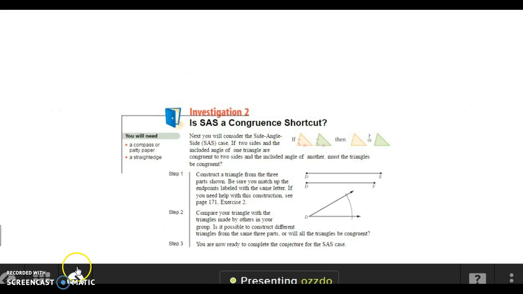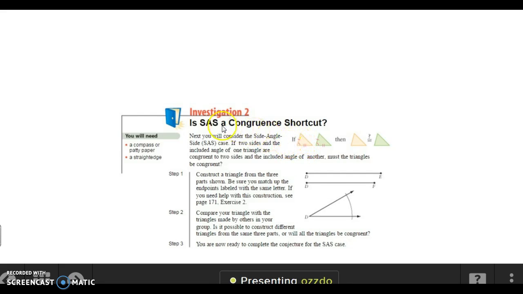So the second investigation, now we're talking about side, angle, side. So if we know that a side, an angle, and a side are congruent to one another, like this picture, then will the 2 triangles be congruent? Okay, and now notice it says if 2 sides and the included angle, so the angle has to be in between these congruent sides here.